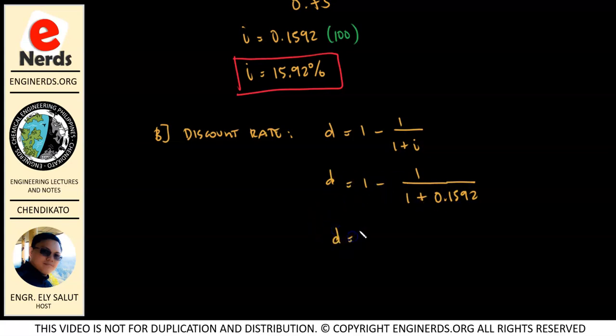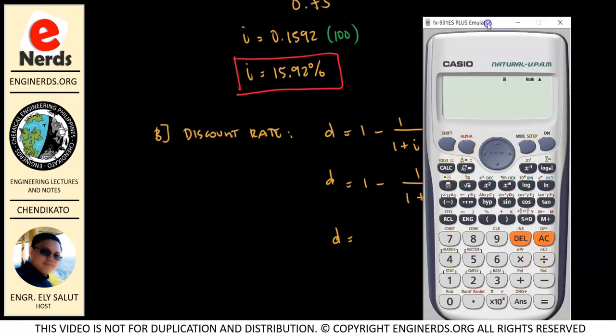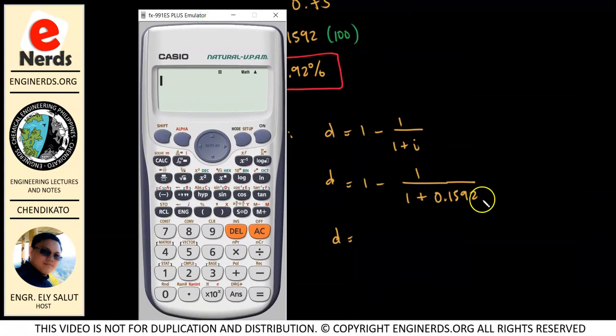Our D is equal to 1 divided by 1 plus 0.1592, so 1 divided by 1.1592. Then we subtract that answer from 1.